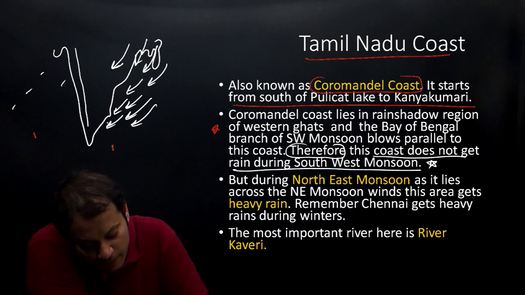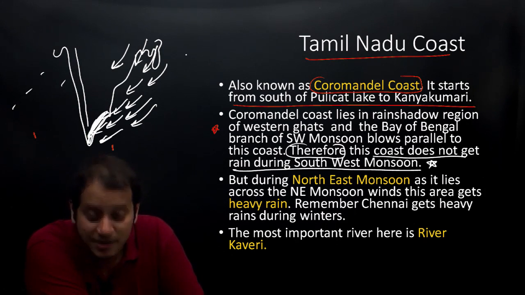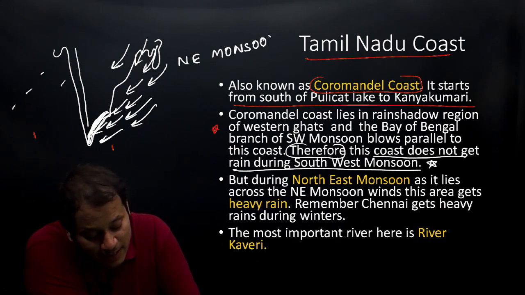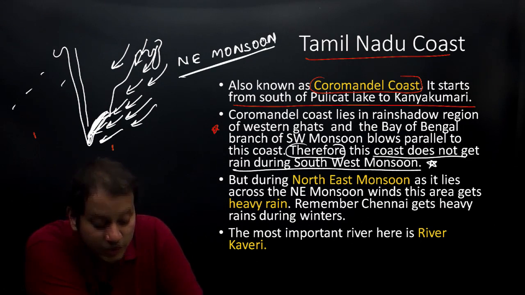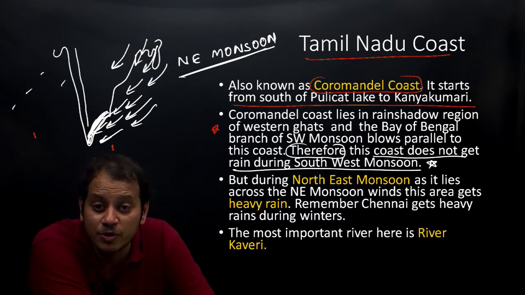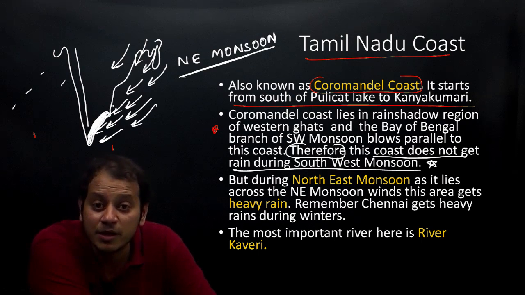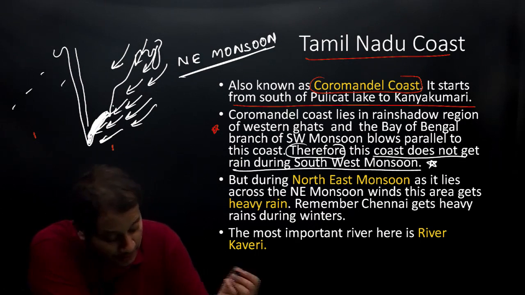While blowing over the Bay of Bengal, they pick up moisture and give rainfall to this part. So these winds are originating from the northeast direction, and therefore in Indian geography we call this the northeast monsoon. The northeast monsoon gives very heavy rainfall to the Tamil Nadu coastline or the Coromandel coastline.